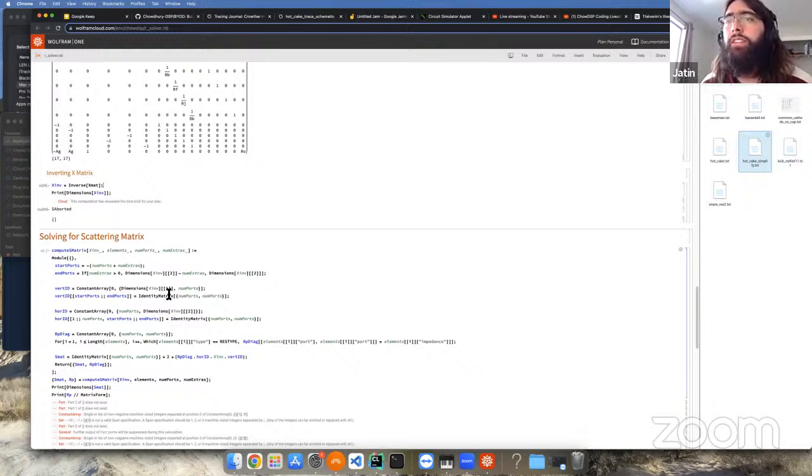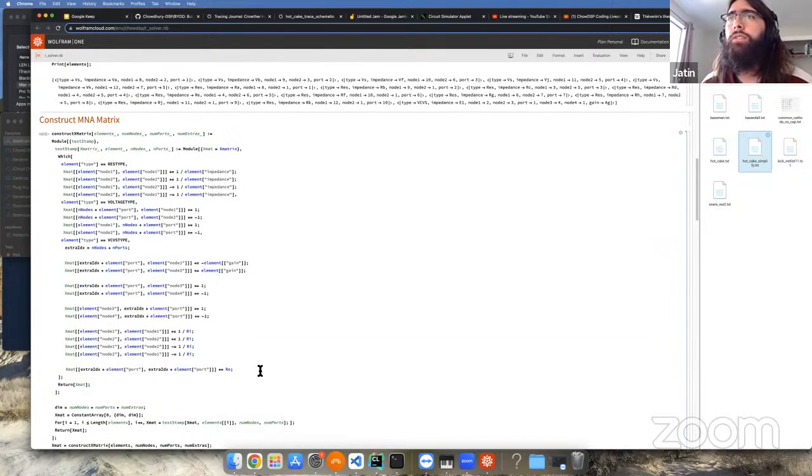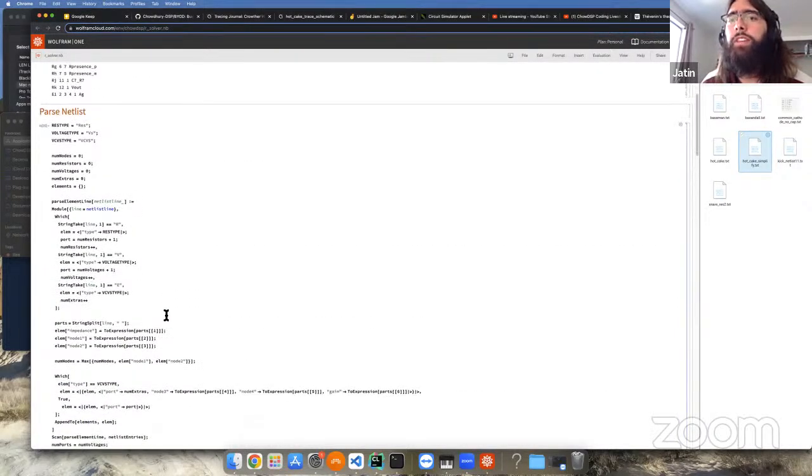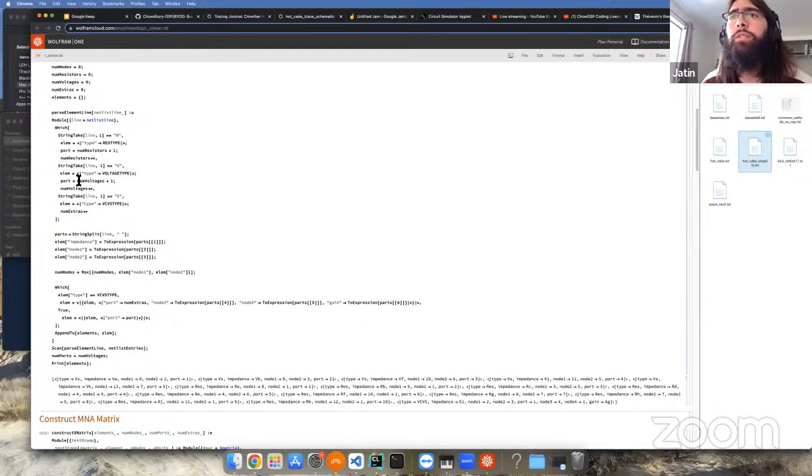Yeah, so we need this RP diagonal matrix to be the correct size, which we might be screwing up by getting rid of those voltage source nodes. Let's see, where do we decide how many ports we have? Num ports.